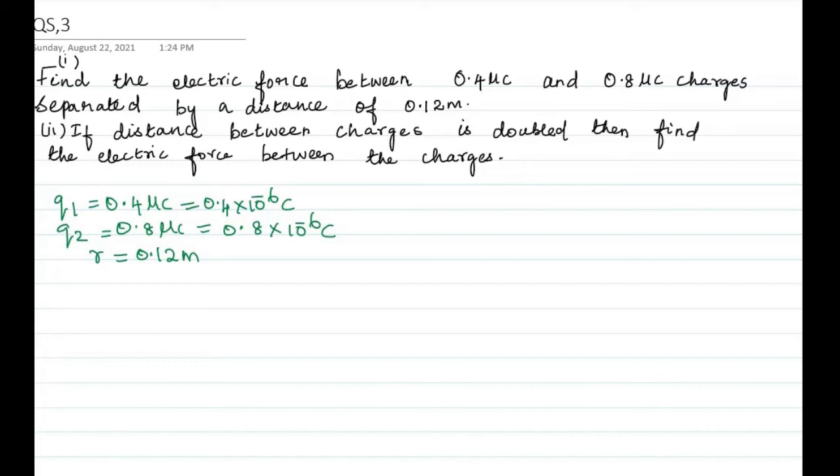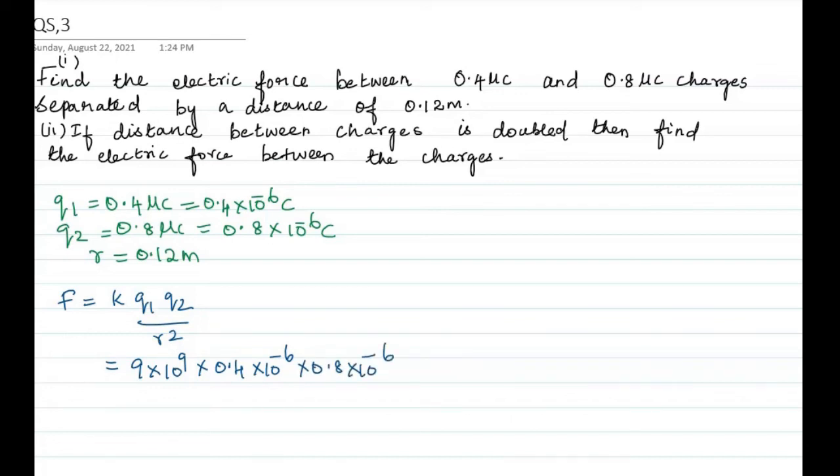So we know Coulomb's formula, F is equal to K into Q1 Q2 divided by R square. K is a constant, 9 into 10 to the power of 9, into 0.4 into 10 to the power of minus 6, into 0.8 into 10 to the power of minus 6, divided by 0.12 the whole square.